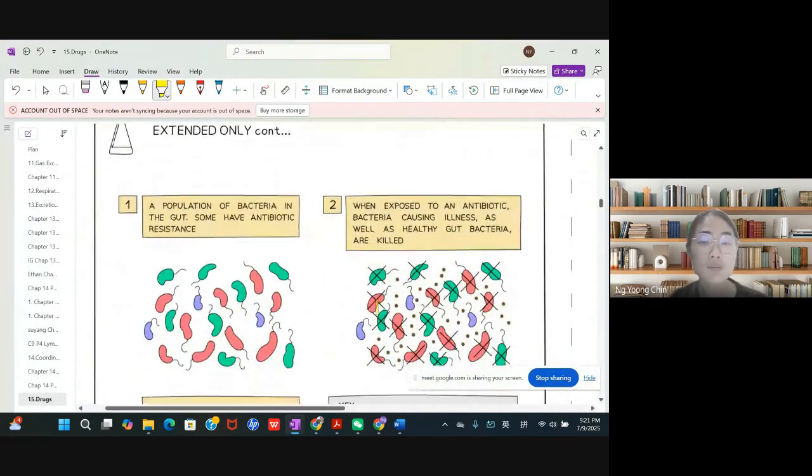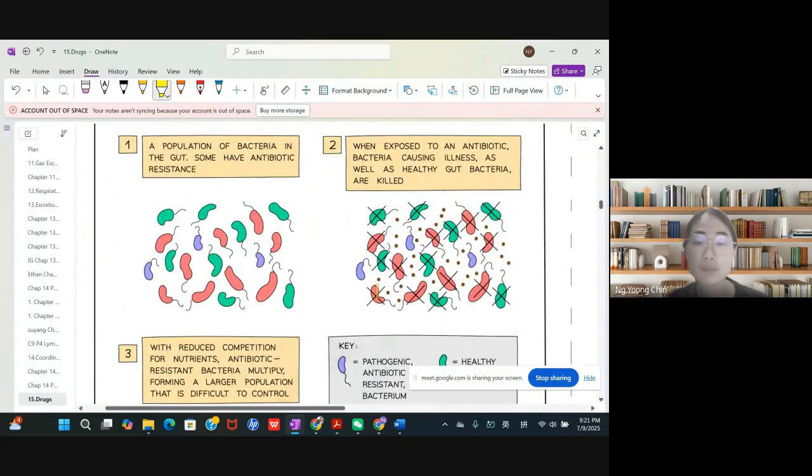So maybe I can show you how antibiotic resistance is developed. You can just imagine in your body, in your gut, your respiratory tract, your digestive tract, there are a lot of bacteria growing inside your body. You have a great variety of bacterial populations.